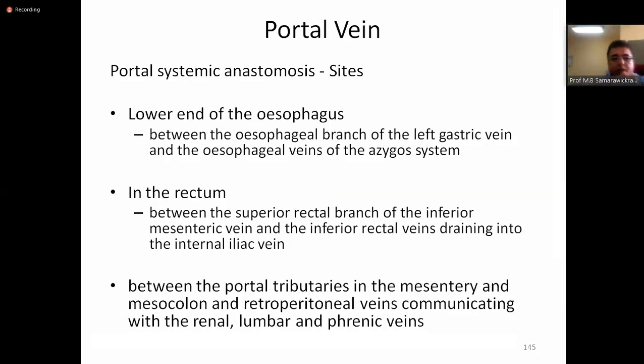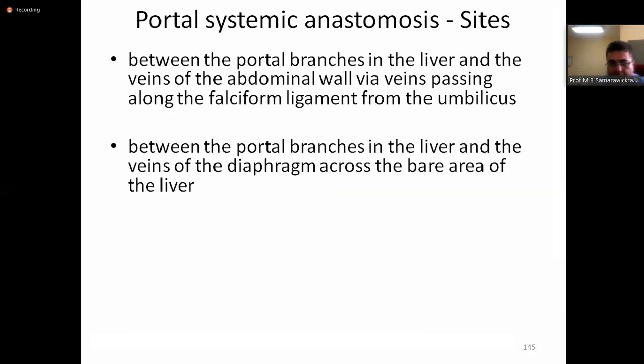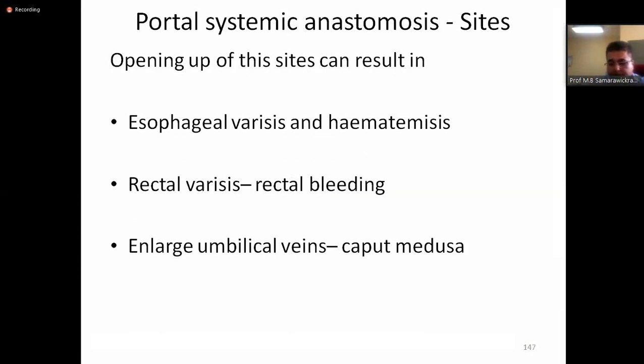So in portal hypertension, these sites become very important, because when there is enlargement of these sites, at the lower end of the esophagus it results in esophageal varices and leads to hematemesis, and rectal varices lead to rectal bleeding.